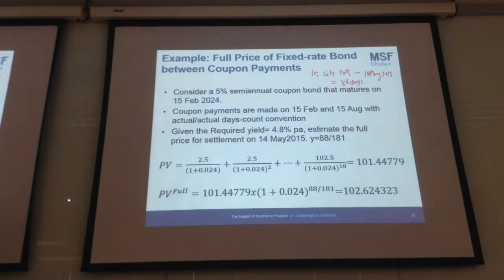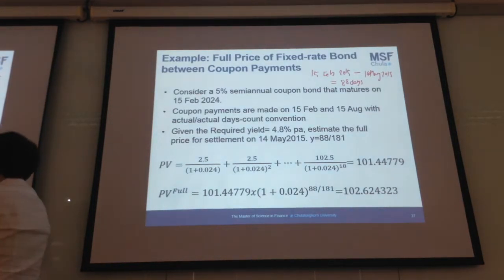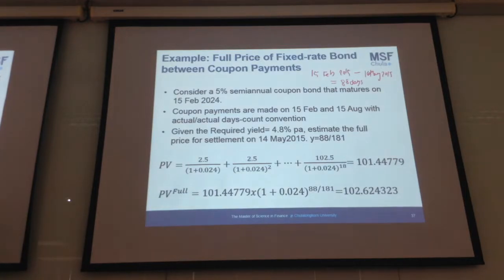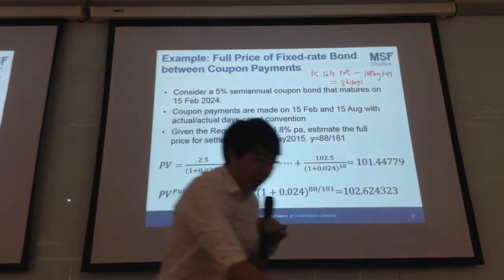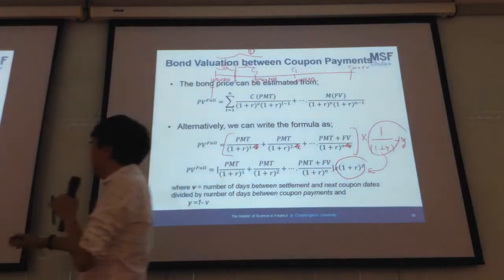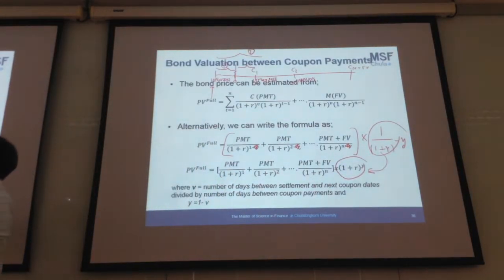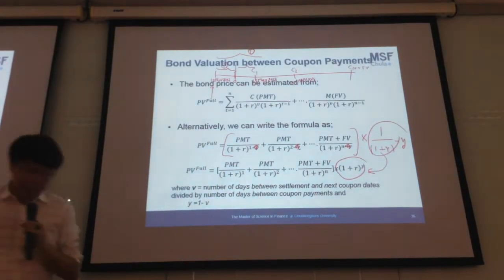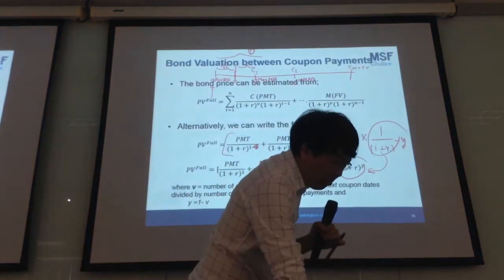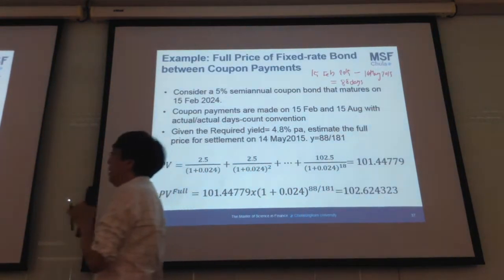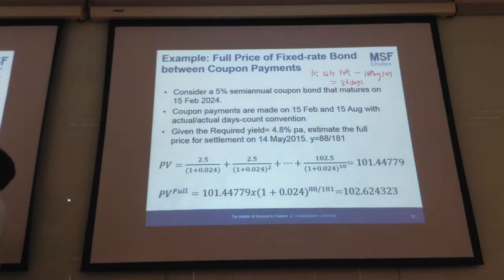This is per year, per annum, 4.8% divided by 2, which is 2.4%. By multiplying by this term, just like this equation, you get the price at 14 of May.